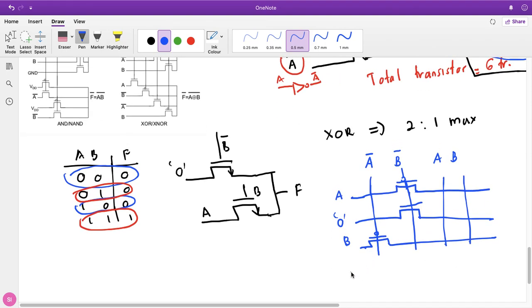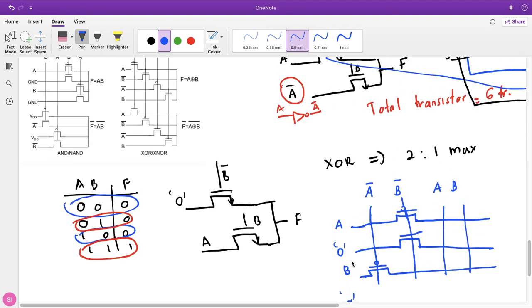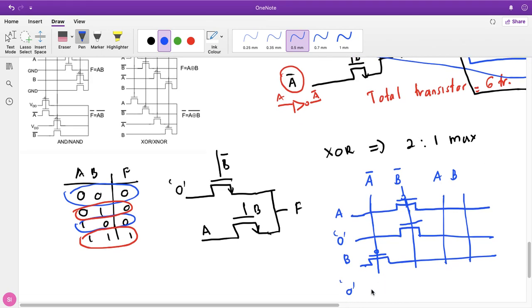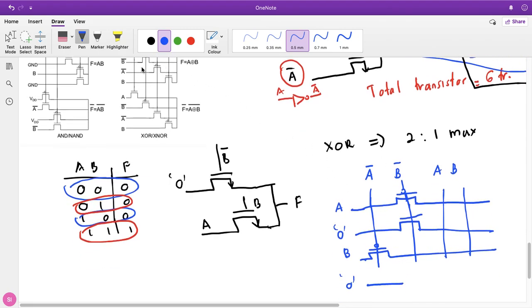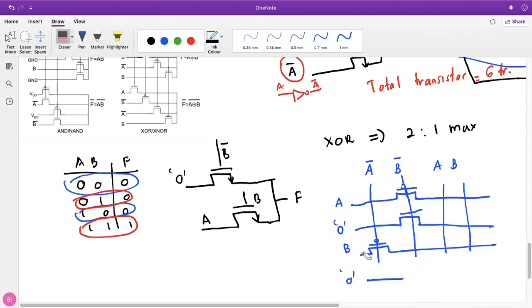And the 0, another 0 here, is tied to provide a strong 0.